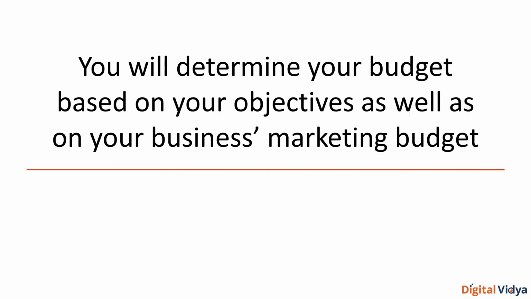Let's say I'm a brand and I have a marketing budget for the year of 5 crores. Out of that, I will allocate, on average, depending on the business type, 3 crores to digital marketing. Out of 3 crores, let's say I allocate 1.5 crores to social media marketing. Now I have 1.5 crores for the year, so I can split my budget across the platforms I've chosen.